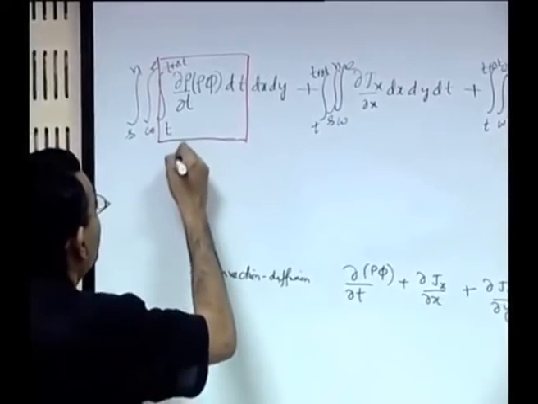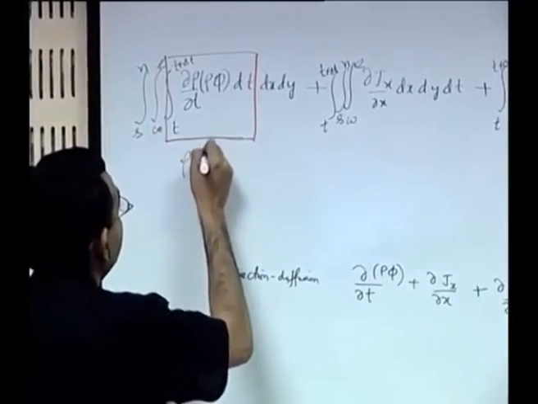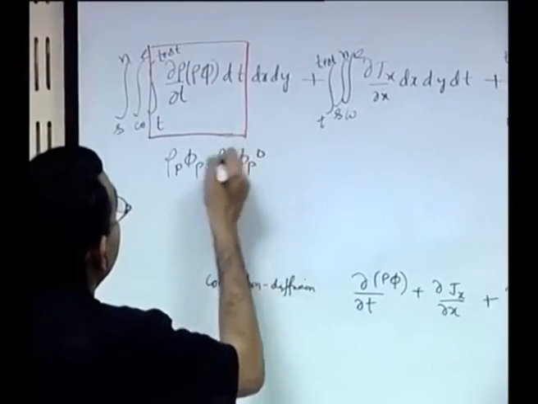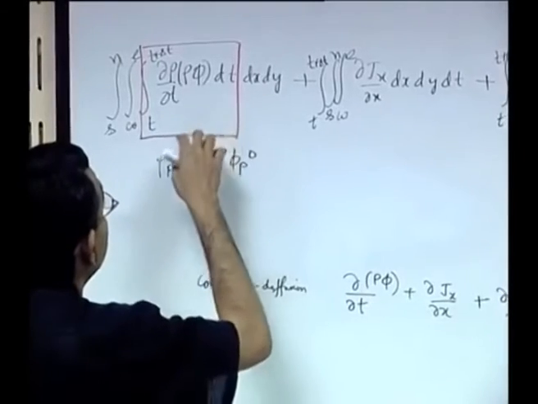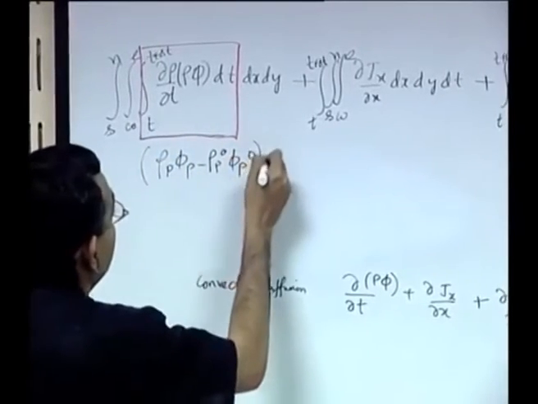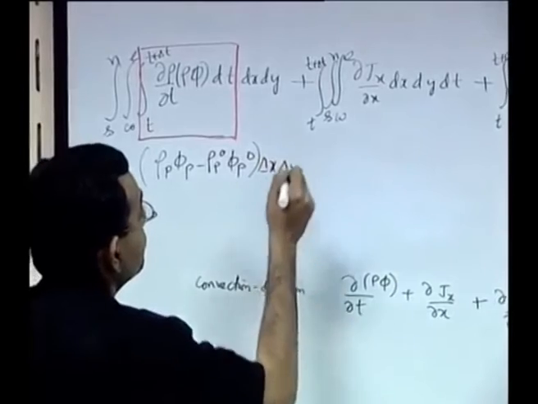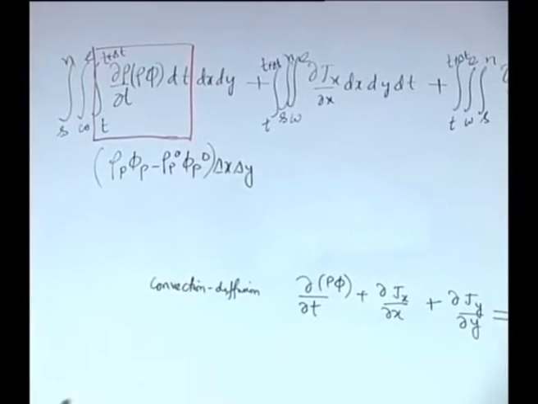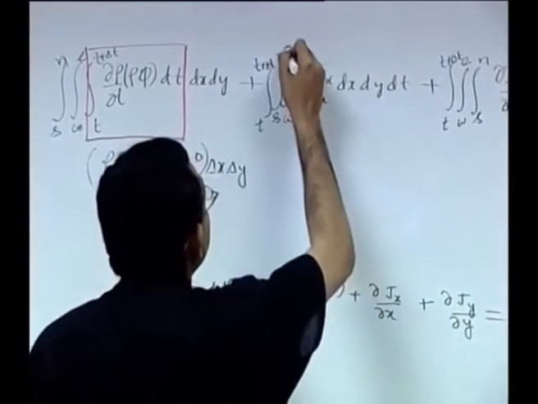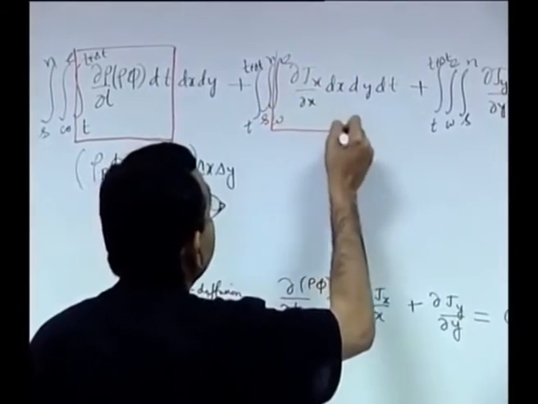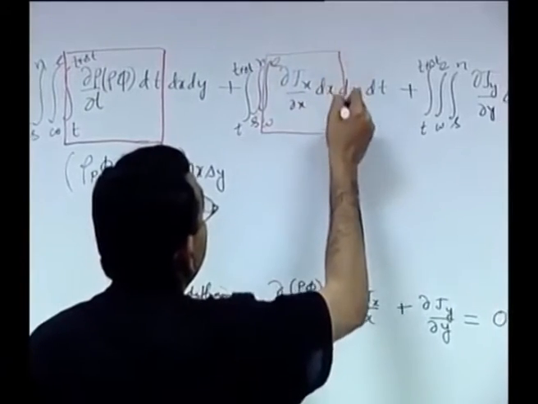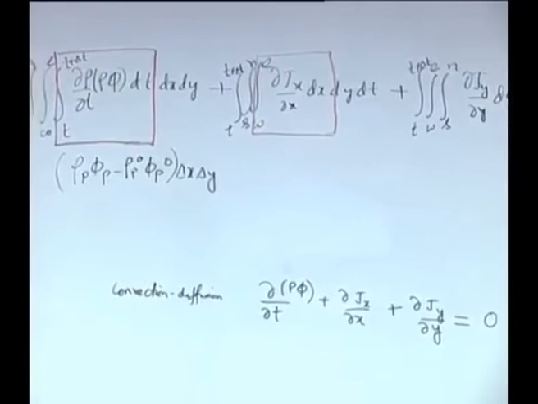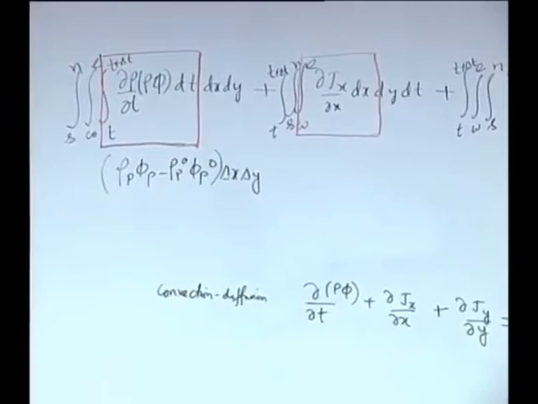So, rho P phi P minus rho P naught phi P naught into delta x into delta y. For evaluating the next terms, first we consider this integral. So, that will become Jx at E minus Jx at W.